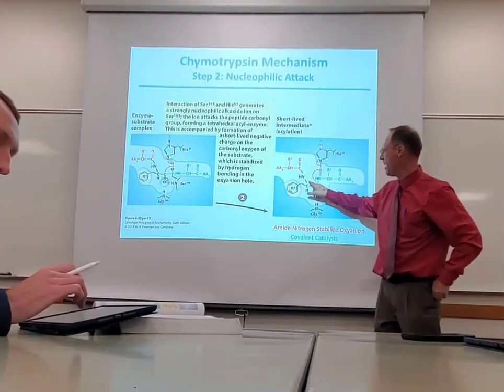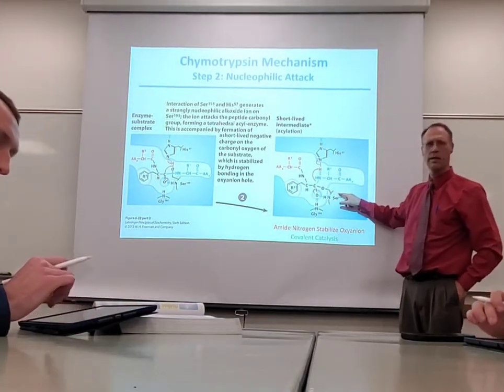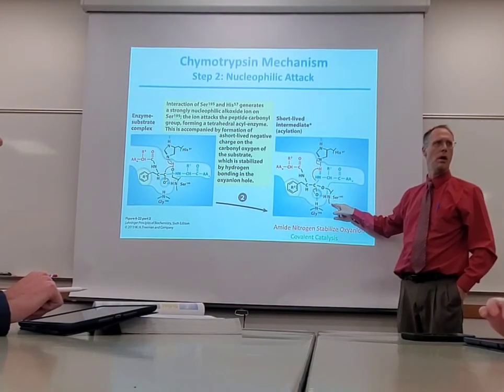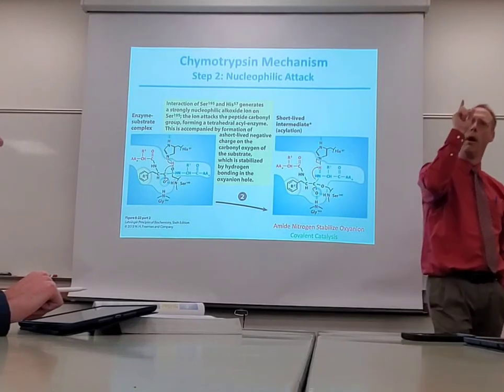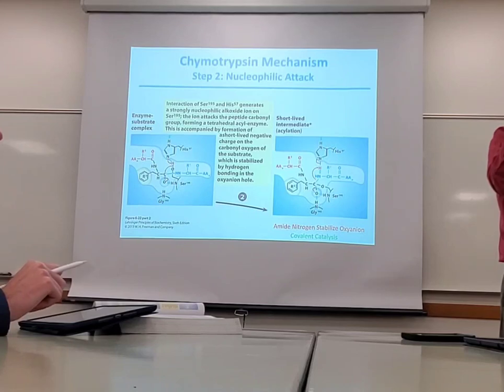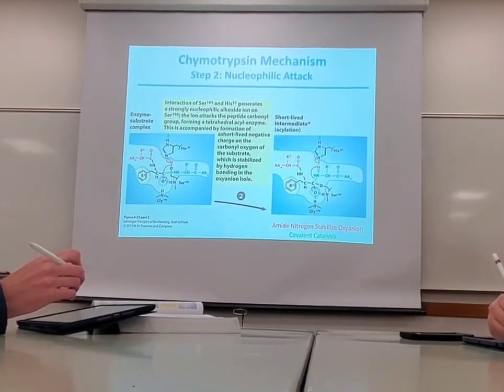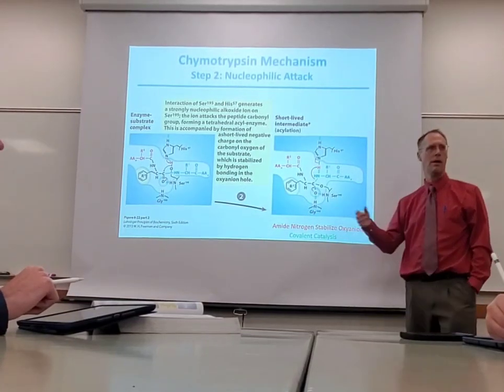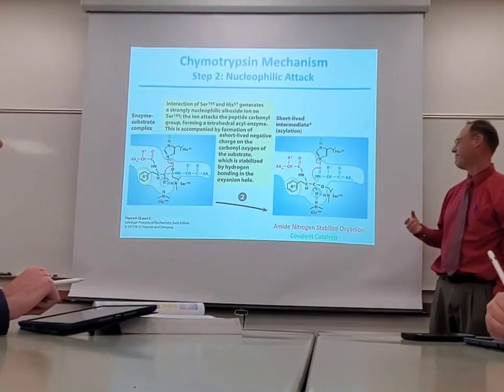This is my peptide, and where is it attached covalently? To the serine now. Acid base, what was the other one? Covalent catalysis. And in order to be covalent catalysis, at some point in the mechanism, what had to happen? I had to covalently bind my substrate to the enzyme at some part of the step. Does it do it? Yes.